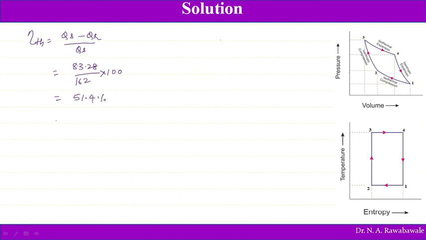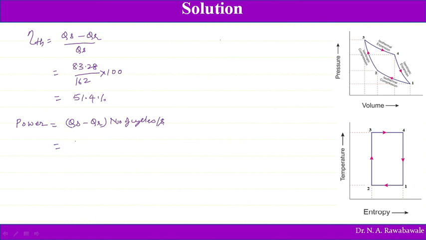So this is how we obtained efficiency. Then power is nothing but the work done per unit time. So here QS minus QR is the work done, into the number of cycles per second.